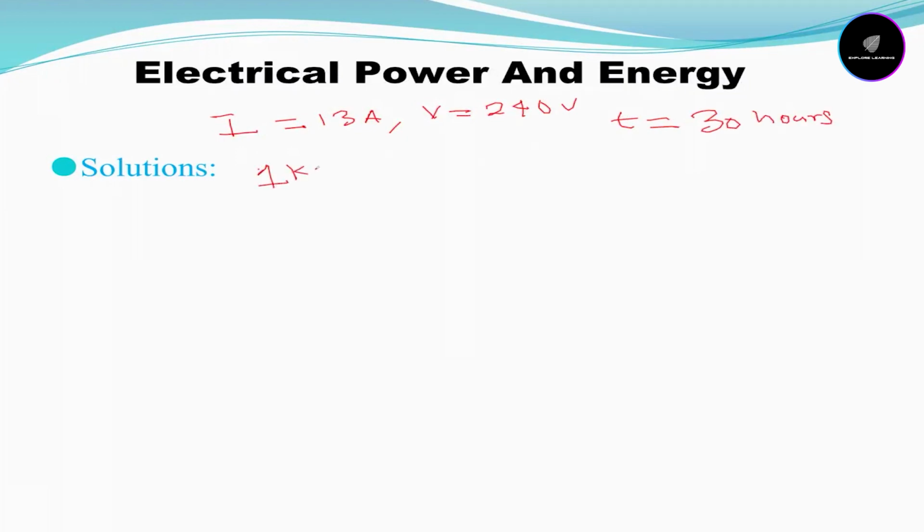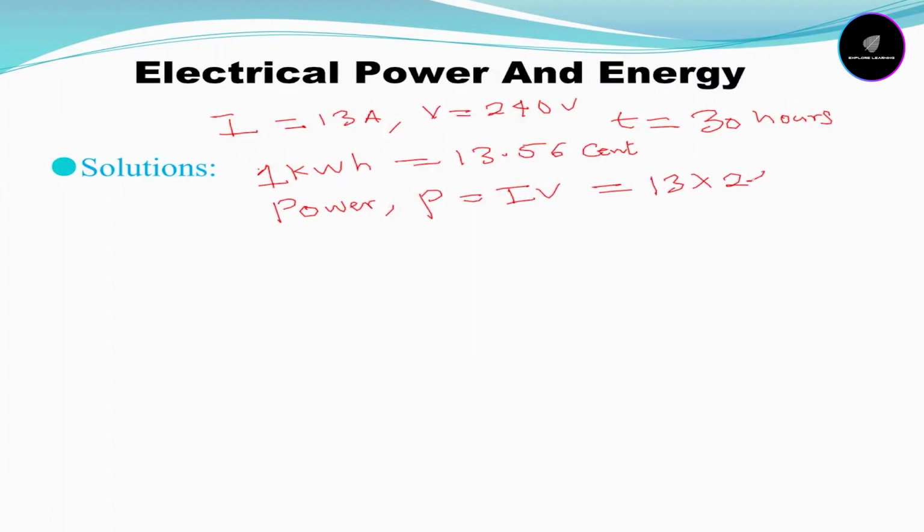Now 1 kilowatt hour equal to 13.56 cents. Now remember that power P equal to IV, which is equal to I is 13 multiplied by V 240.